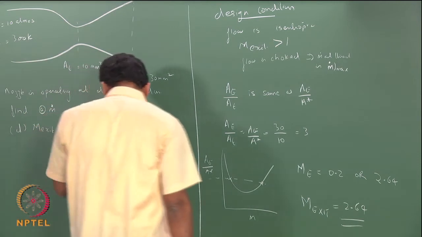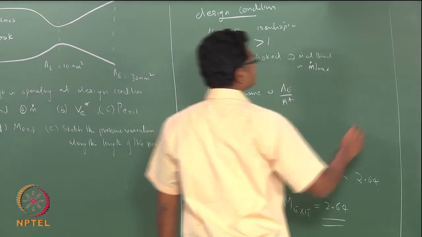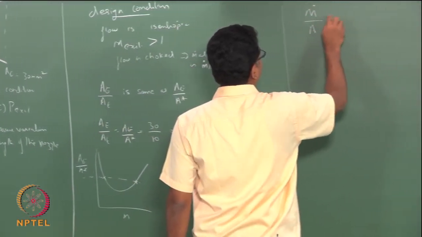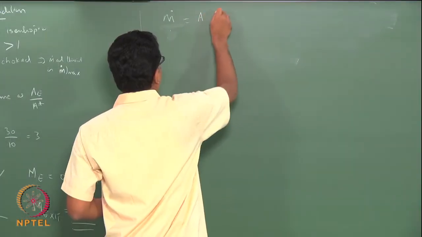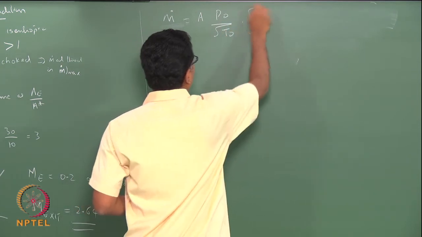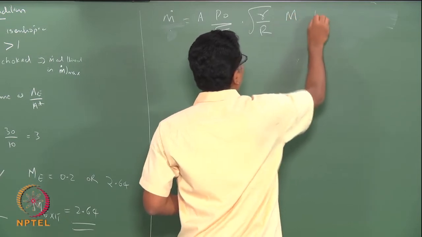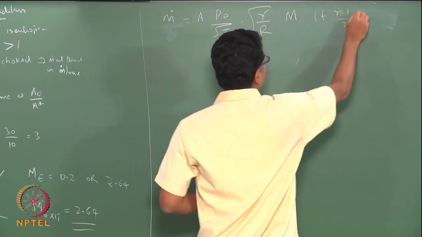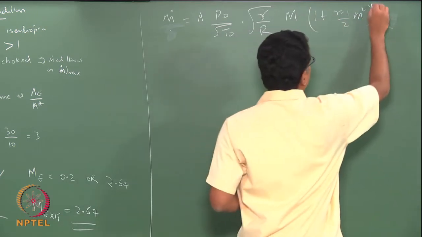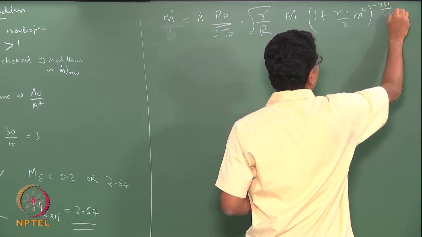So, if my M exit is known, I can substitute into my mass flux: A into P0 by root T0 into root of gamma by R into M into 1 plus gamma minus 1 by 2 M square to the power minus gamma plus 1 divided by 2 into gamma minus 1.